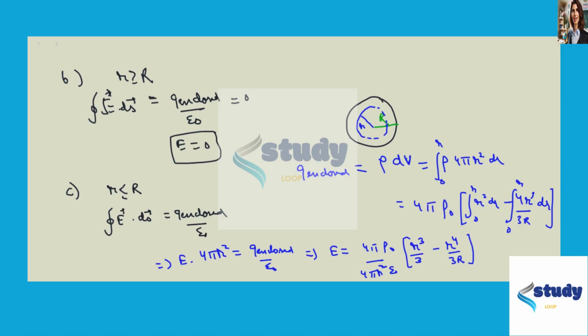The 4 pi goes away, and this gives us exactly the result E equals rho naught over 3 epsilon naught times r times 1 minus r over R. So that's your answer for part C: the electric field within the sphere at distance r from the center of the sphere.